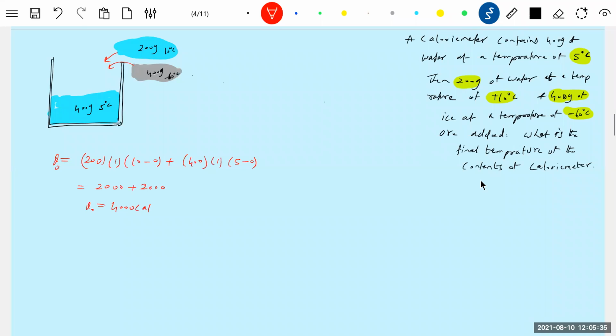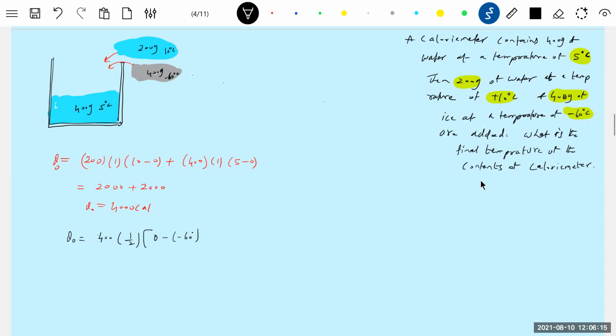Okay, for temperature, this energy is available. Now will this energy be sufficient for the whole ice to melt? For all ice to melt, we'll see it. Now again I'll start with Q1, which should be equal to this Q naught. 400 gram of ice, specific heat of ice is 1, final temperature I'm assuming to be 0, from minus 60.